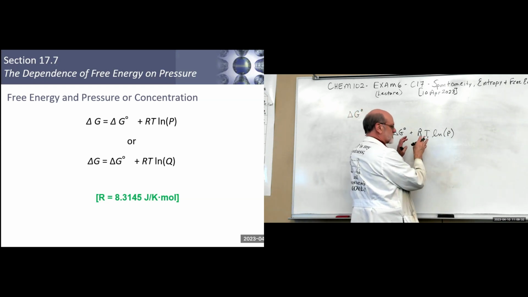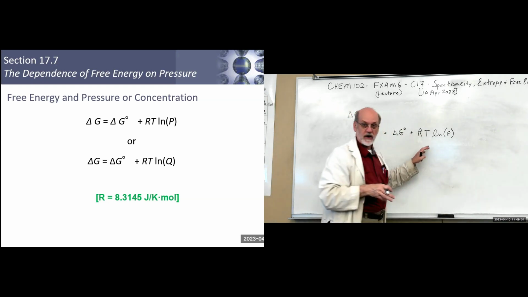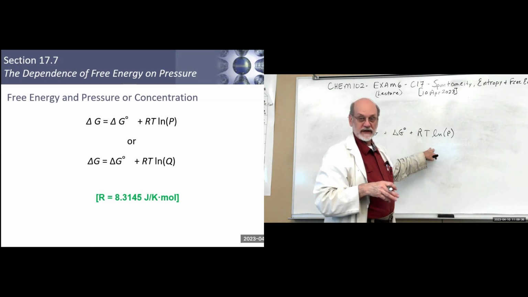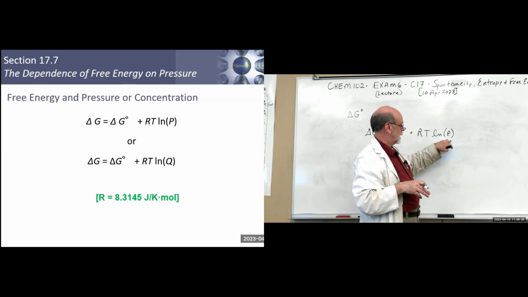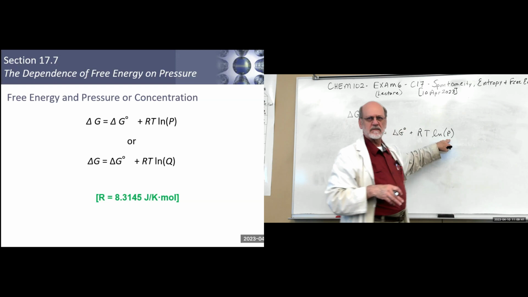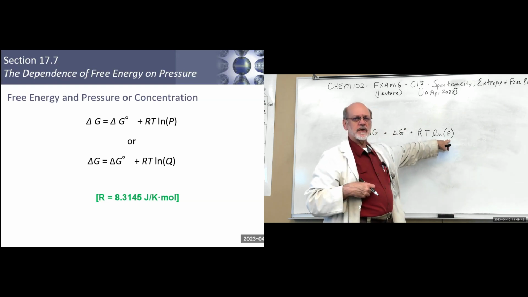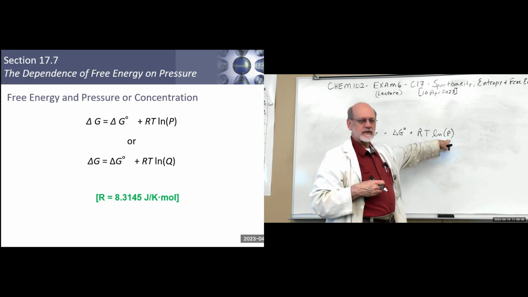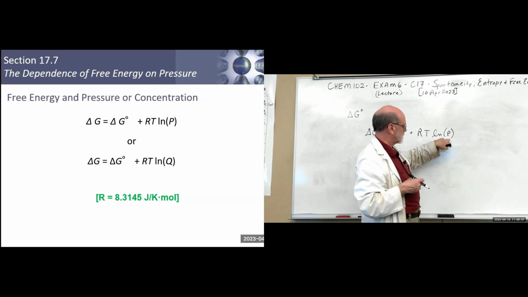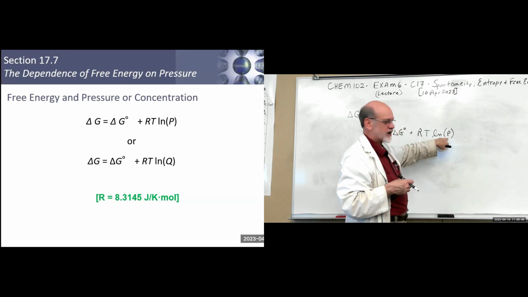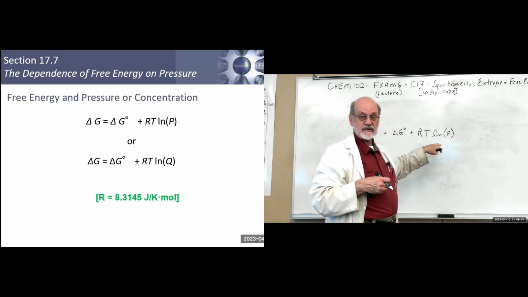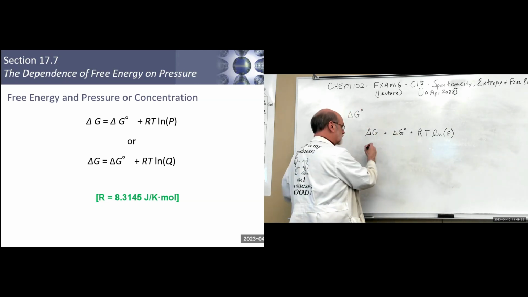So if we have a system where gases are involved, only gases, actually, you can have solids and liquids in here because they're not part of the equilibrium, right? So if we're determining this based upon pressure of a gas, that's what we would use.